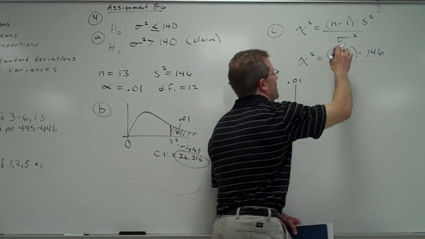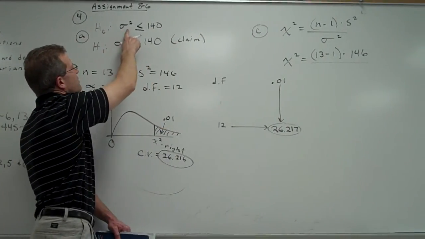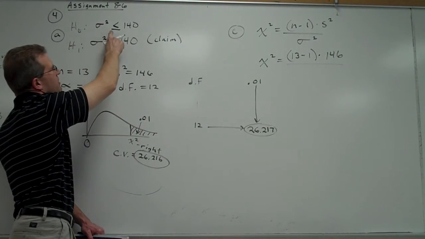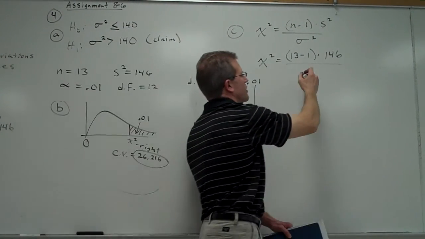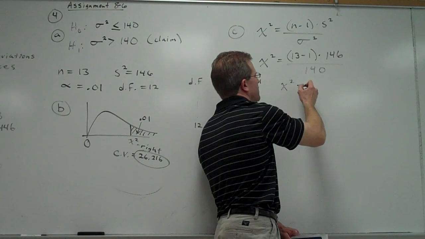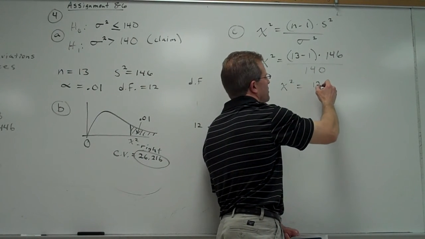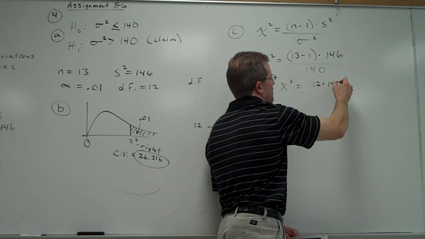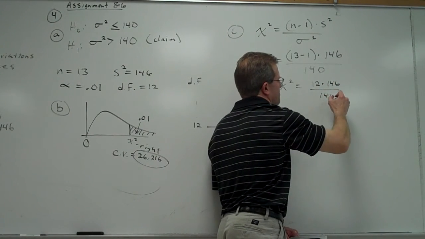Same thing with the variance on the bottom. The hypothesized variance is 140. So you're not going to square it, you're just going to put a 140 here. Chi-squared is going to be 12 times 146, and then divide by 140.